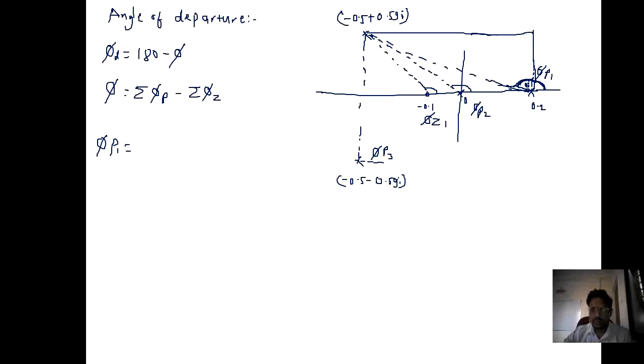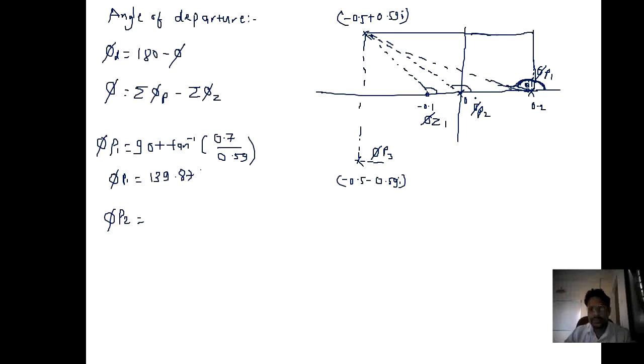So complete phi p1 will be 90 plus theta, where theta is tan inverse of opposite, see, 0.5 from this point and this is 0.2, so completely it is 0.7, divided by adjacent, this height, which is 0.59. So phi p1 combined is 139.87 degrees.